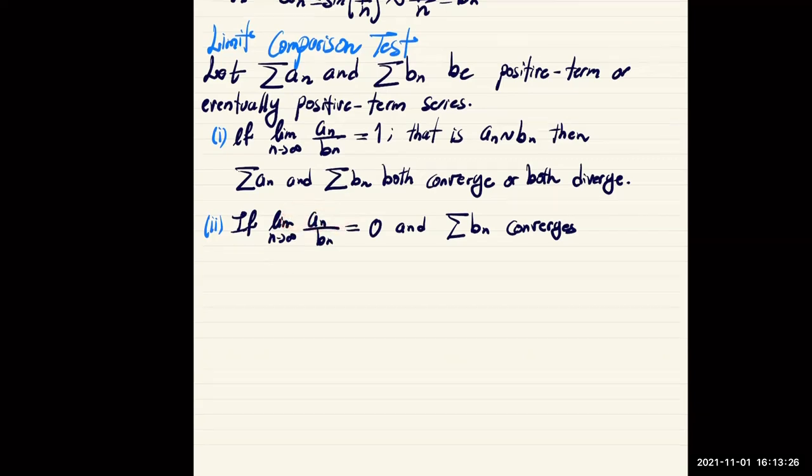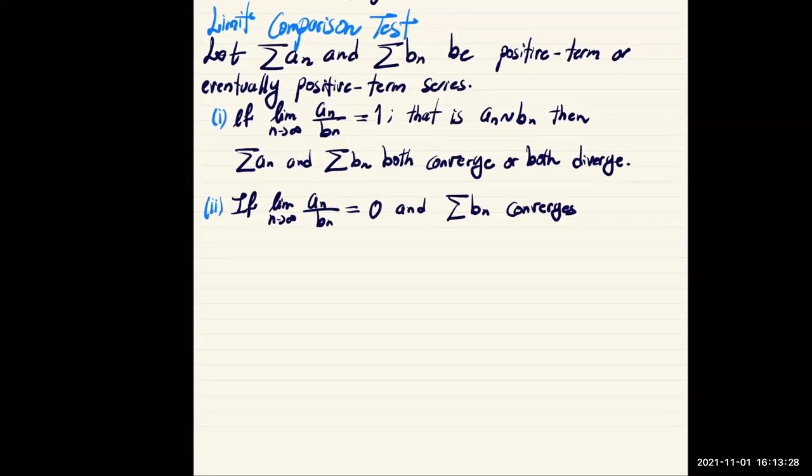Just think about it. Here, I'm gonna write that down over here. So this limit means that a sub n is much smaller than b sub n. That's what this says. The denominator is much bigger than the numerator.